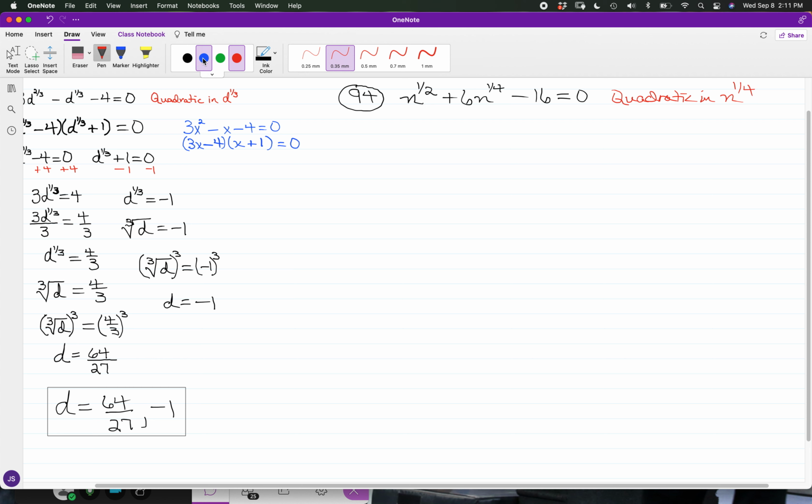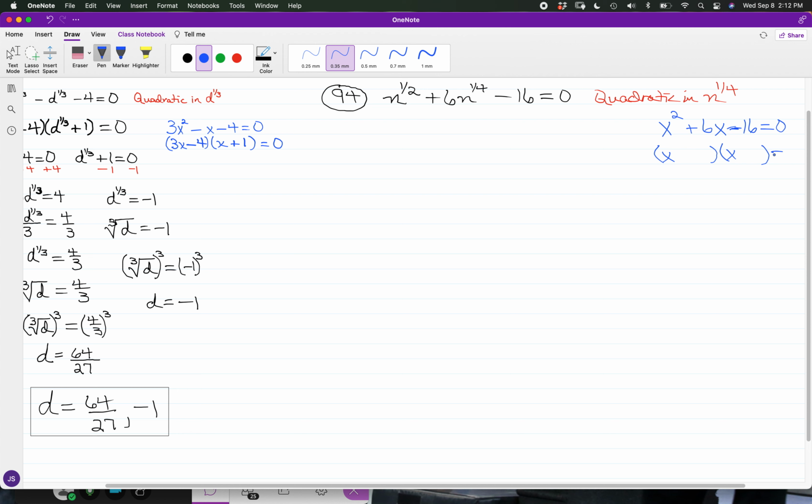And just on a parallel note, you've got your coefficients 1, 6, and -16. Just in terms of the coefficient setup, if I had x squared plus 6x minus 16 is equal to 0, and I factor, x squared goes to x and x, and I weigh the factors of -16 such that the sum or difference will be 6.